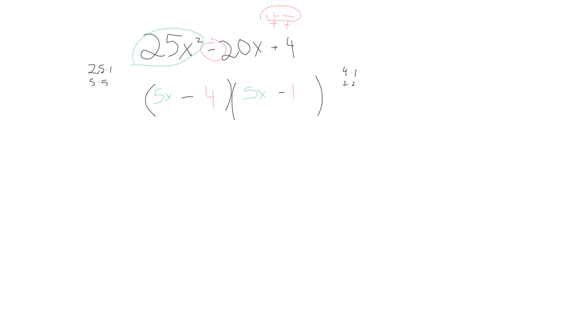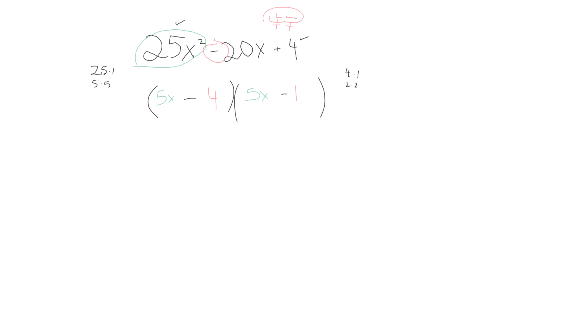My second one is good. And I check my middles because that's where I'm more likely to have problems. So minus 20x and minus 5x. That gives me minus 25x. So that's too big.